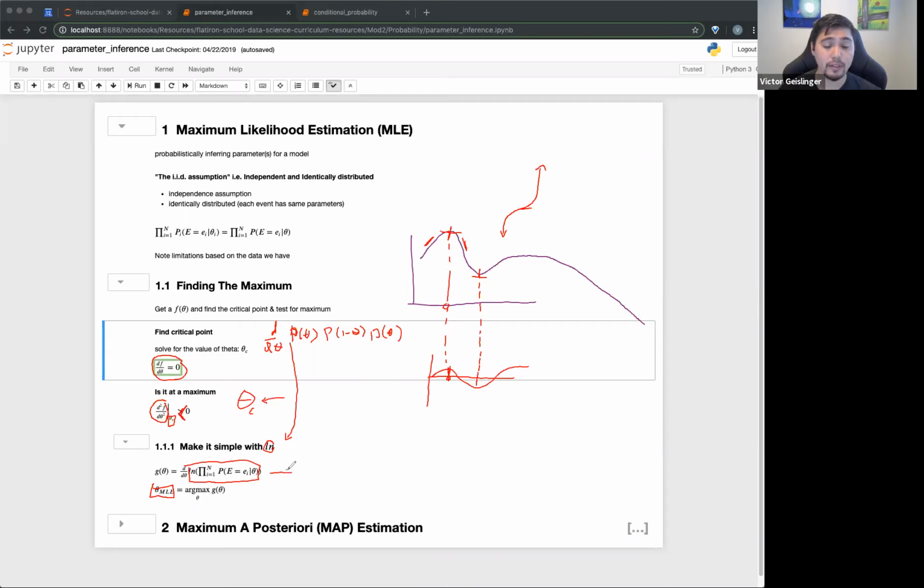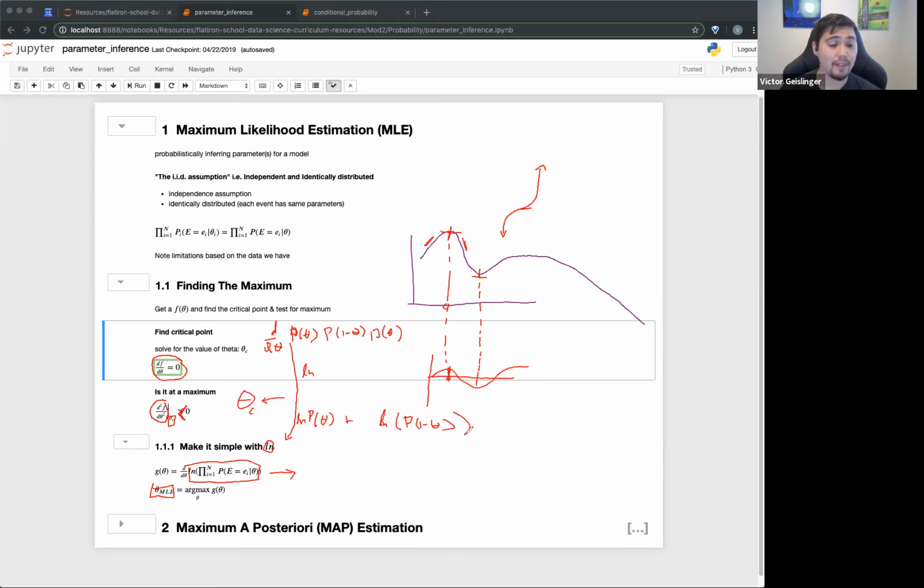But if I do the derivative of the log of these things multiplied together, the log of this whole thing ends up being simply the log of p of theta plus the log of p of 1 minus theta, and so on.